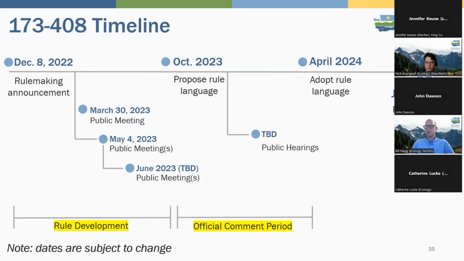So you'll be receiving an invite for our third meeting, where we'll be discussing monitoring and gas collection control system requirements. In October, we are tentatively looking at proposing rule language, and this will open our official comment period. We'll be holding public hearings, which we hope you all will attend. We are looking to adopt rule language in April of next year. And then implementation of our rule is proposed for January 1st of 2025.